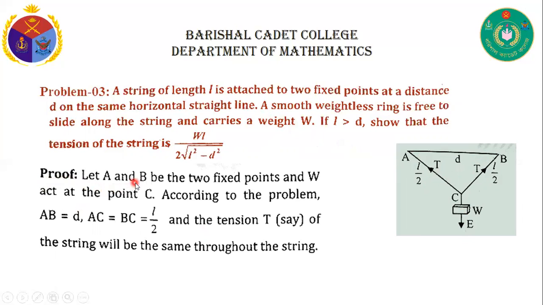So let A and B be two fixed points and W act at the point C. According to the problem, AB equals d, and AC equals BC equals L by 2.